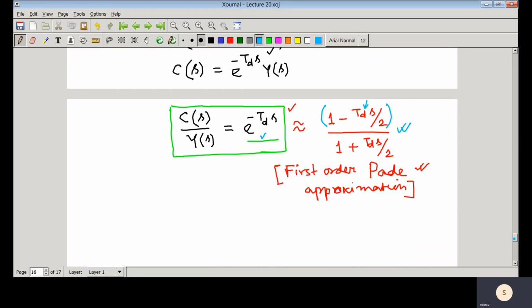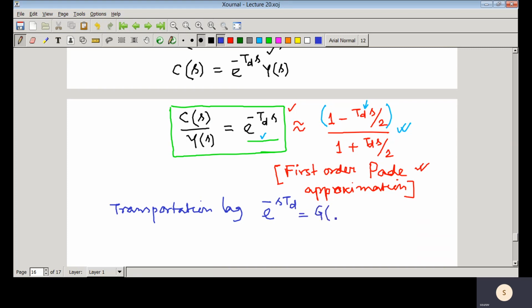Now we are interested in seeing what would be the Bode plot, that means the magnitude and phase plot, for the transportation lag. So let us see the transportation lag. It is modeled as e to the power minus Td s.